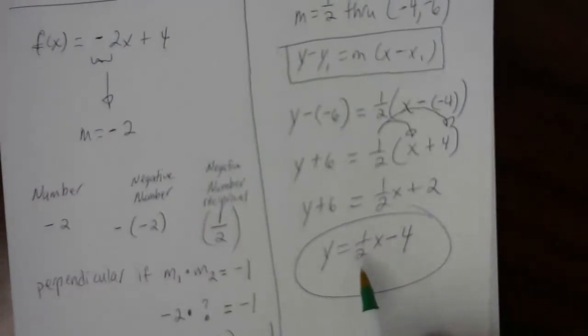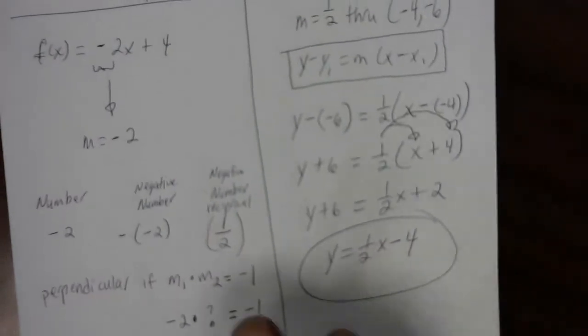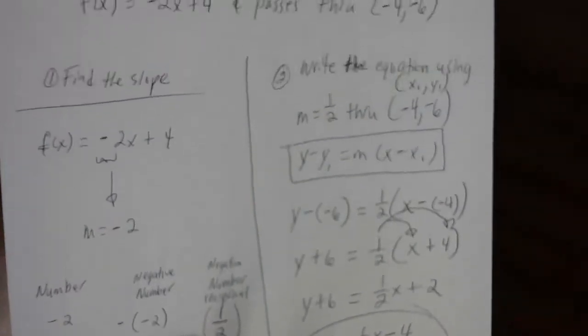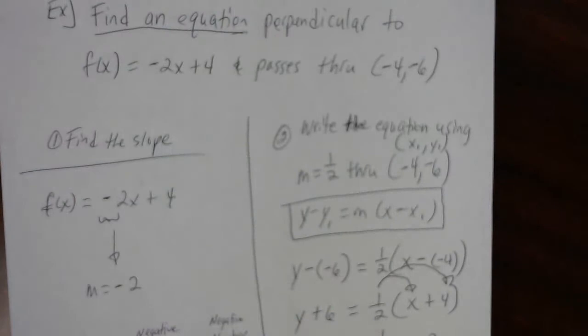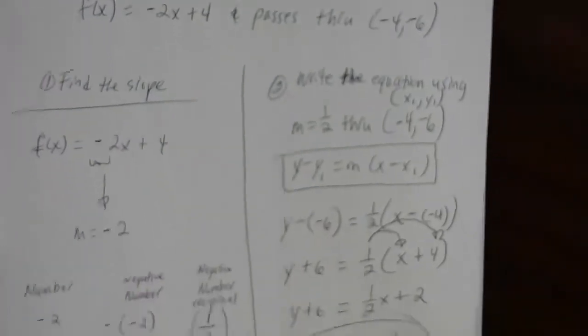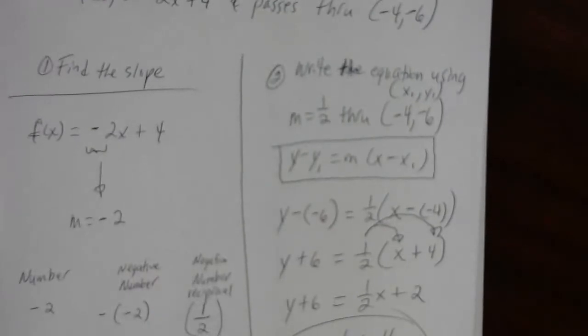All right, so y equal to 1/2 x minus 4 and the equation -2x plus 4 are perpendicular. All right, any questions about that example?